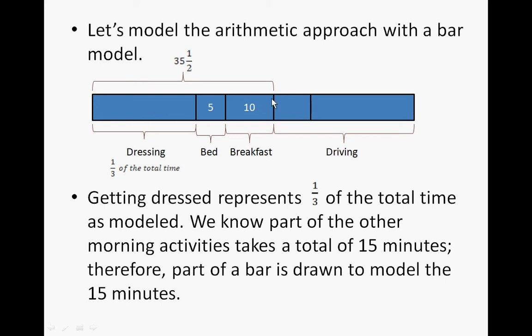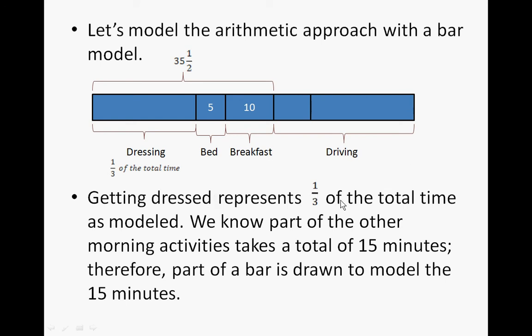Well, then out of this next part, 5 minutes is for making the bed, 10 minutes is for eating breakfast, and so dressing, the bed, and breakfast, that total time is 35.5 minutes. Then the rest of the time, this extra part here from the second third and this last third here is going to equal the driving time.